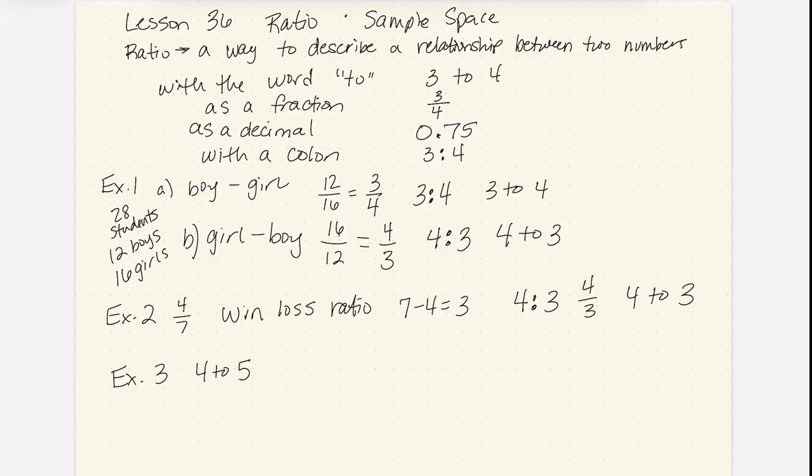So our ratio is going to be 4 to something. We just need to add these together. So 4 plus 5 is 9. So we know that our total number of marbles is 9. So our ratio would be 4 to 9, or 4 over 9, or 4:9. That would be our ratio.